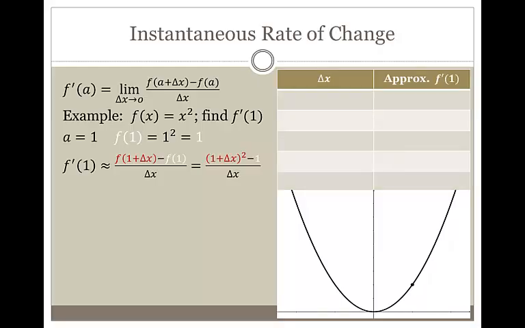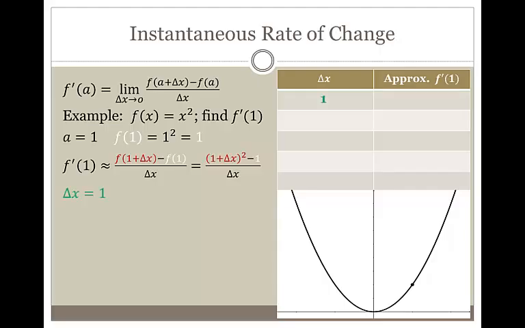Let's approximate this for smaller and smaller values of delta x until we have a guess of what f prime of 1 really is.